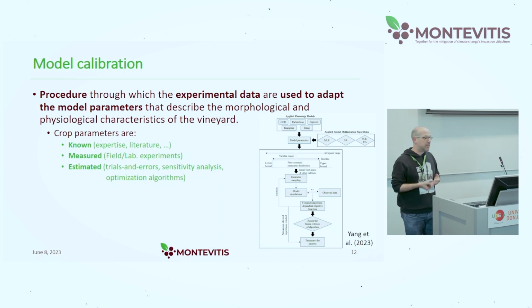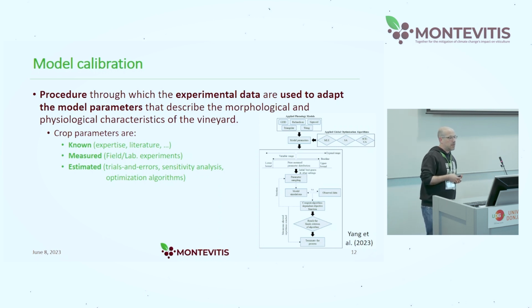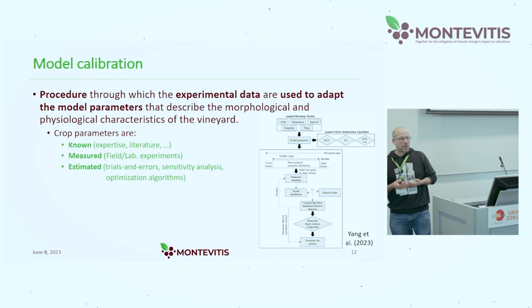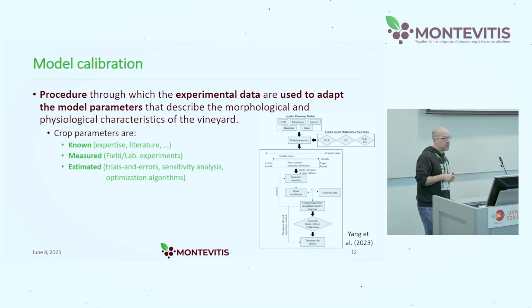Usually, the crop parameters that we use for calibrating sometimes come from expertise or the literature, because other authors may have experimented before, can be measured on the field, and can be estimated. And then it depends on what we prefer. At the end, we will have a range of calibration that usually we then use in the optimization system.